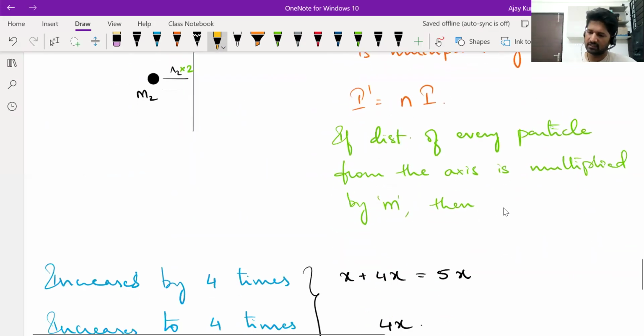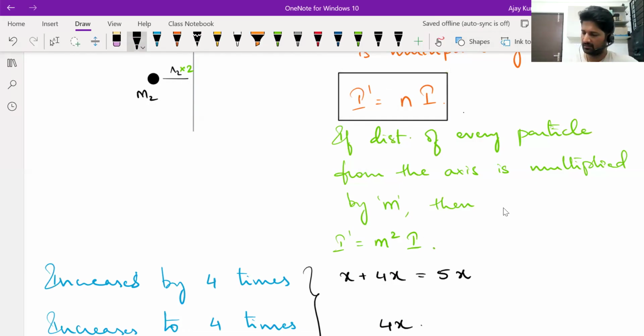Therefore, if we generalize it, if all distances are multiplied by m, then the moment of inertia gets multiplied by m square. Okay. So if mass is multiplied by a factor n, the moment of inertia gets multiplied by n. But if distances are multiplied by a factor m, the moment of inertia gets multiplied by m square.